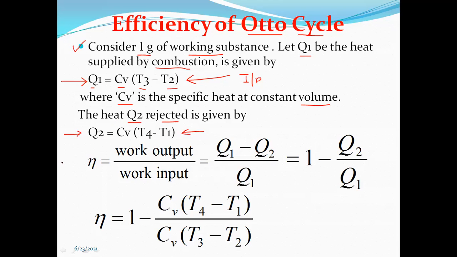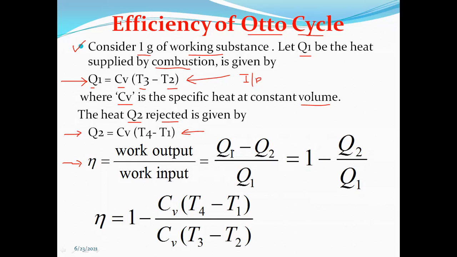Now, we know very well that efficiency is equal to work output divided by work input, or simply the efficiency of any engine is the ratio of work output to work input. Work output can be calculated as Q1 minus Q2 in the numerator, divided by Q1. Work output is the difference between input heat energy and rejected heat energy, divided by work input, that is Q1.